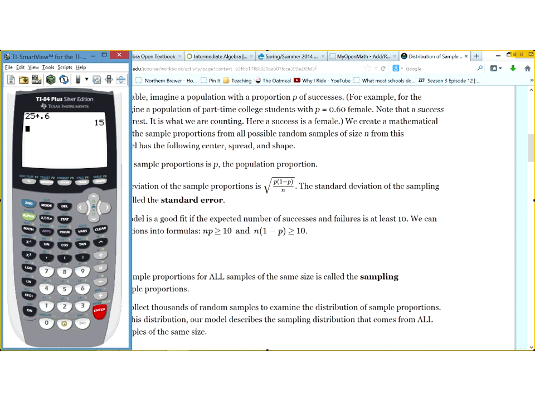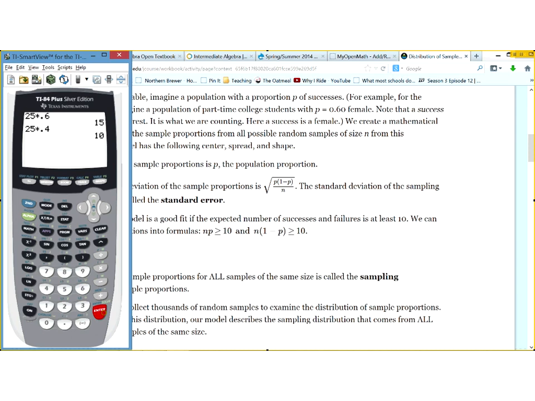And then n times 1 minus p would be 25 times 0.4, and there's 10. So in this case, each of those numbers is at least 10, and so we can use the normal model.